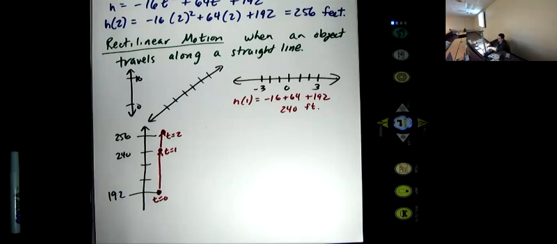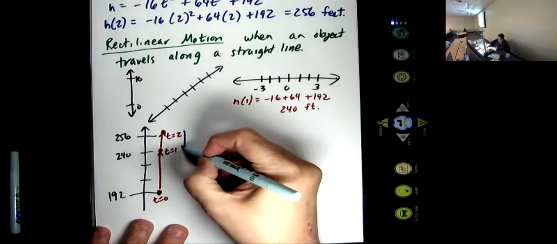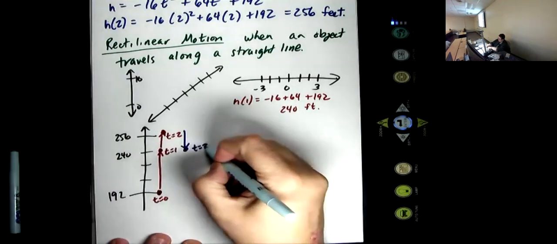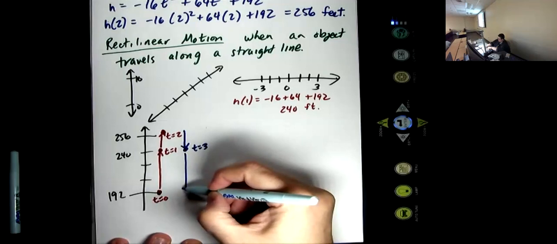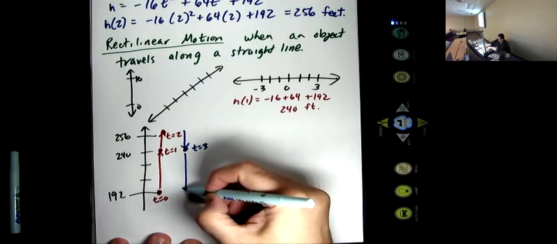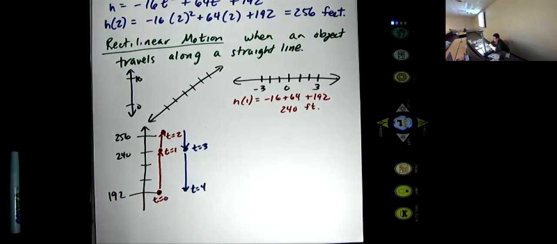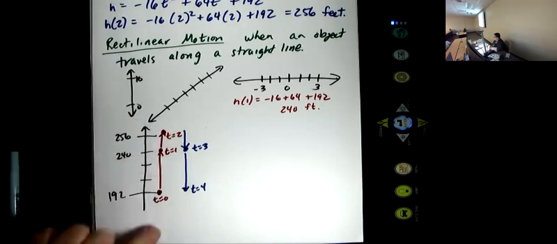Then the ball starts falling back down, and it should be roughly the same distance back down at t equals 3, and hits here at t equals 4. Although that might be a little bit different. There's some gravity going on in there. But on the number line, the ball's just going back and forth along the number line, right? It's just moving along the number line.